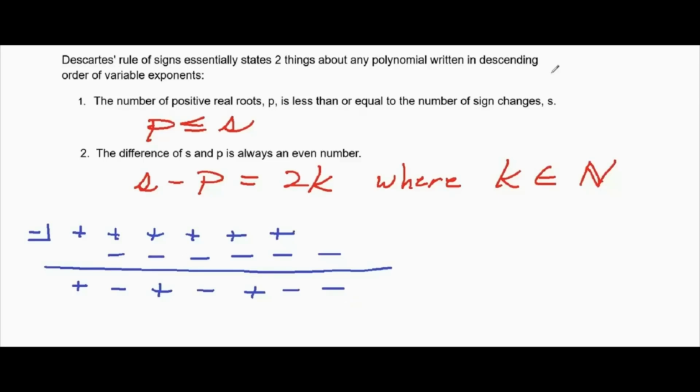So we went from 0 sign changes to 1, 2, 3, 4, 5 sign changes. Actually, what I meant to say here was that there was one sign change, but it could be as many as five. So 1 to 5 sign changes.